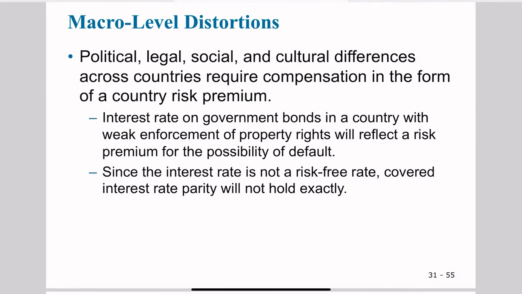So you consider it as being very safe, and the rate on the government bond would be the risk-free rate. But this is different from for a lot of countries with higher default risk. And a important implication of this, the covered interest rate parity will not hold exactly.